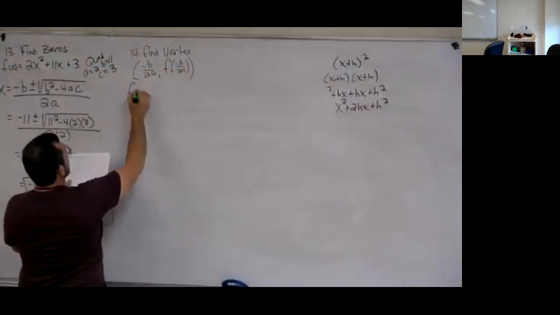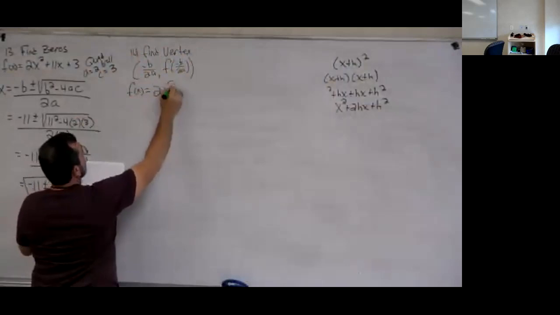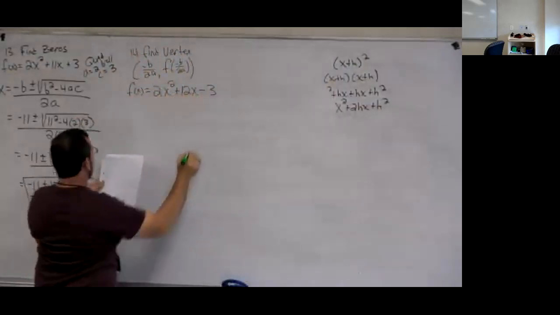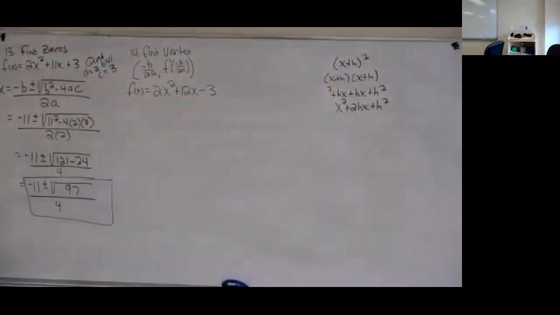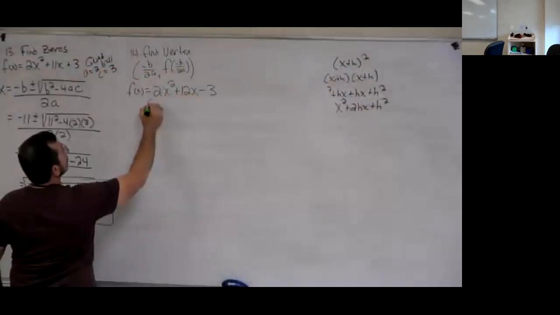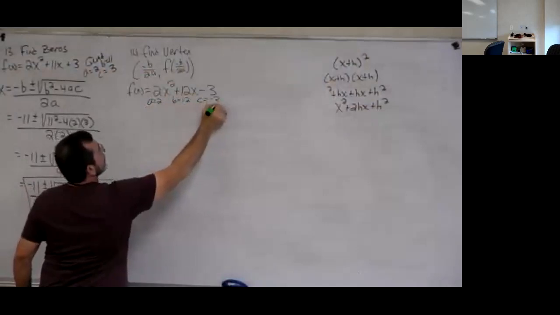They're giving us f of x equals 2x squared plus 12x minus 3. And it looks like on this one, if you can at least get me the negative b over 2a part, only one answer has the right order on these, okay? So a is 2, b is 12, c is negative 3.